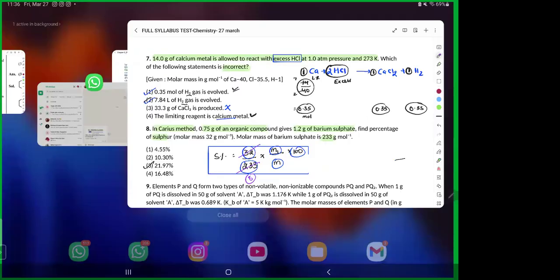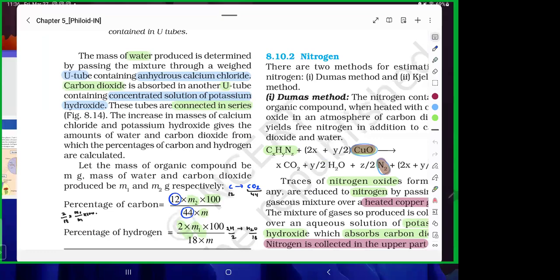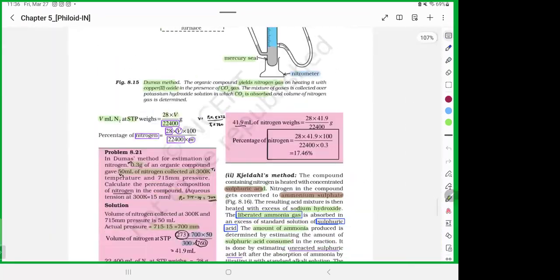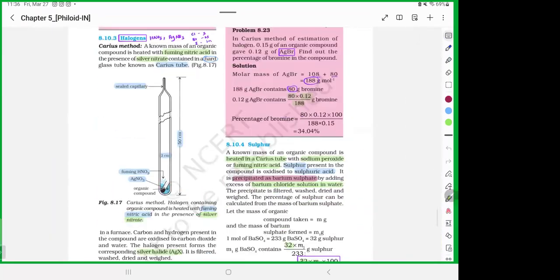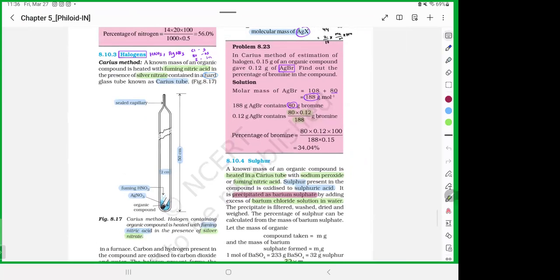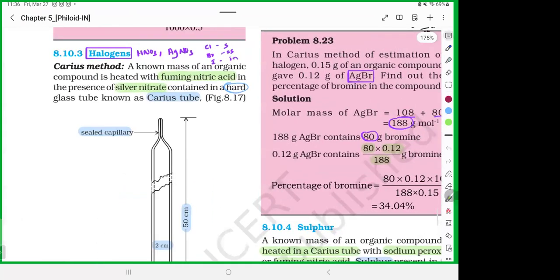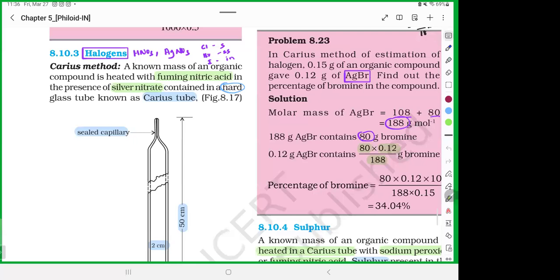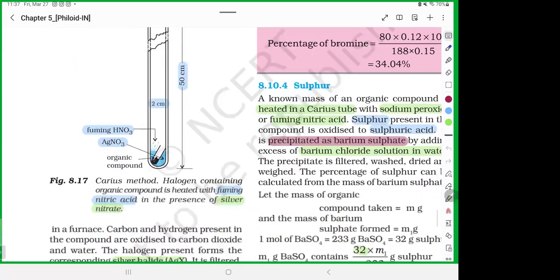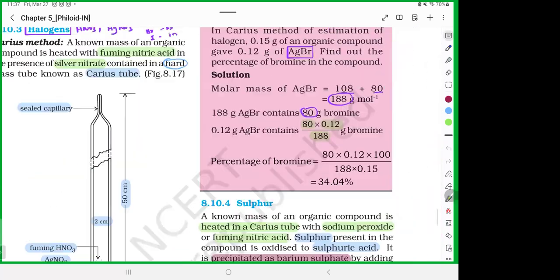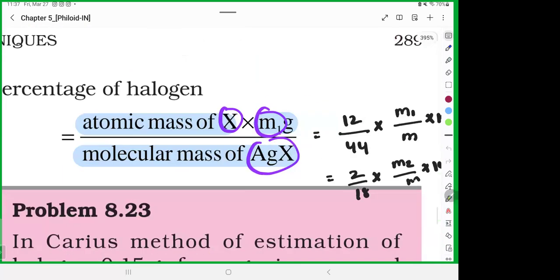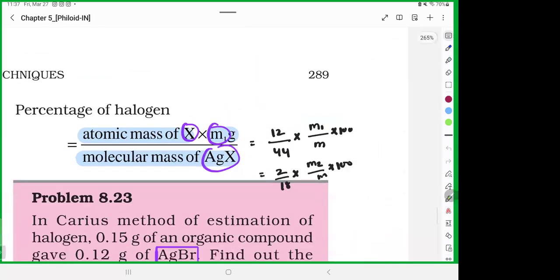And as I showed you this PDF, 2 questions were asked from the same PDF. Look at this halogen Carius method. In the Carius method, we use nitric acid, and the silver nitrate compound formula is this. Given mass by AgX mass, same way.